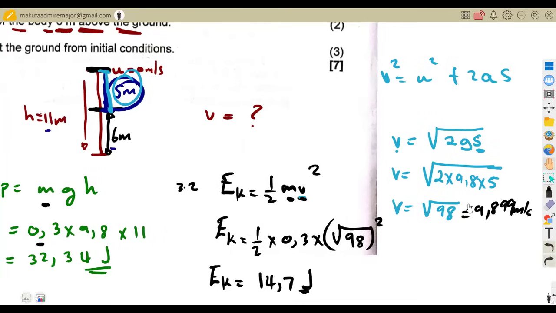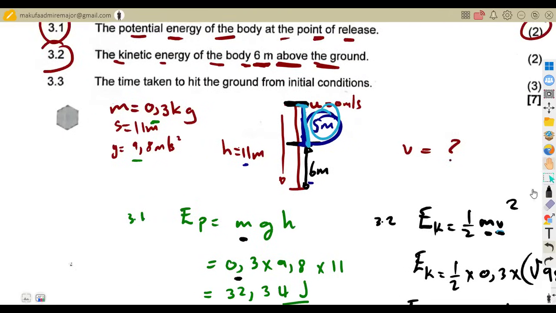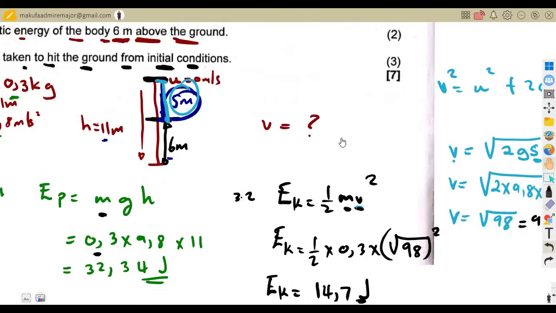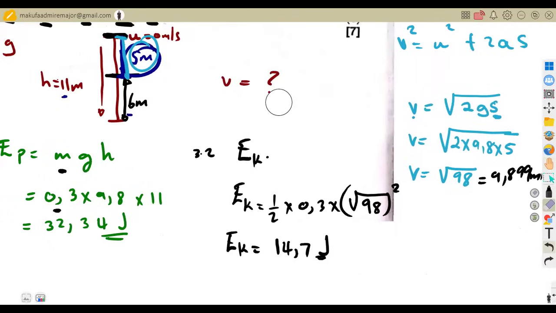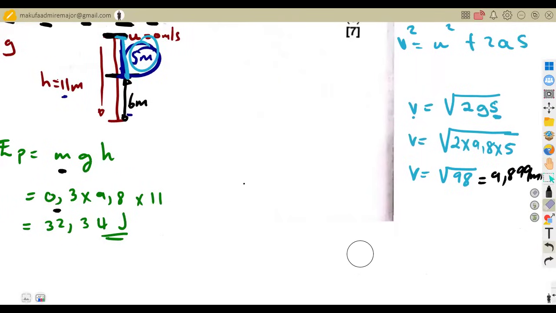All right. So if you check now on the last part, they are now saying the time taken to hit the ground from initial conditions, the time taken to reach the ground. So it follows that, if you are given acceleration, from our normal calculations, in 3.3, time is equivalent to the velocity over the acceleration.